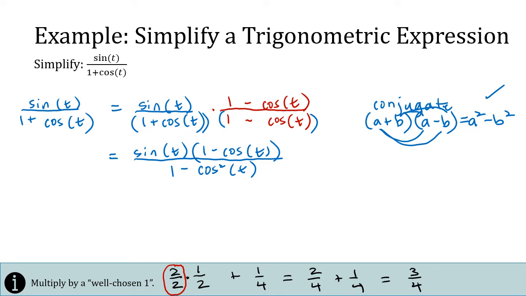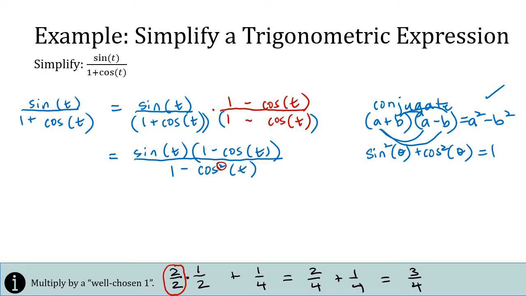Now, from this point, what else can I do? Well, 1 minus cosine squared t. Anytime I see something like cosine squared, I am immediately thinking about the Pythagorean identity. The Pythagorean identity says that sine squared of some angle plus cosine squared of some angle is equal to 1.